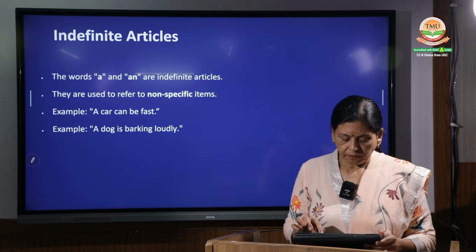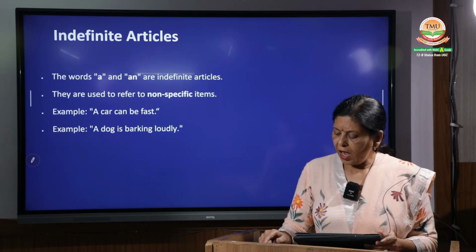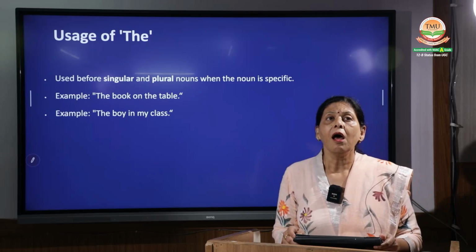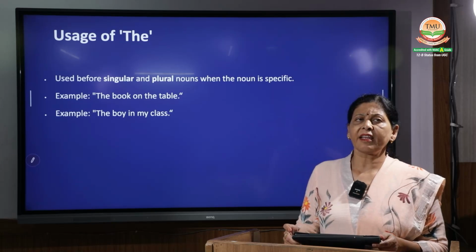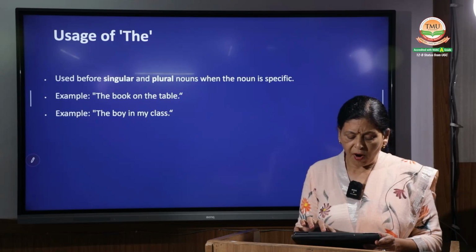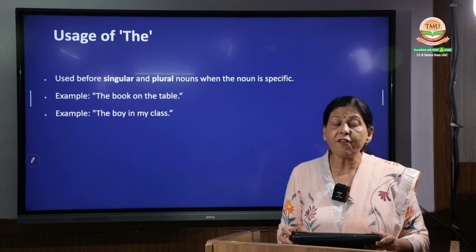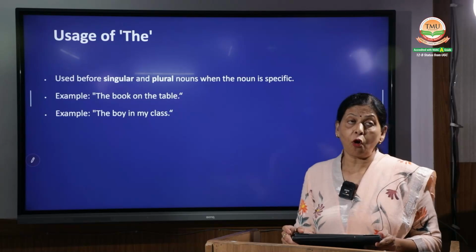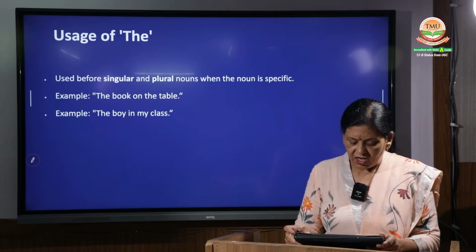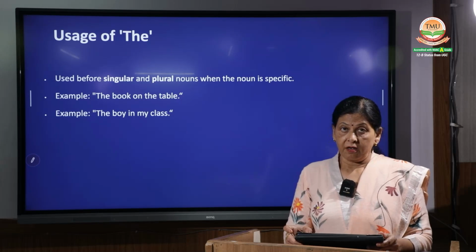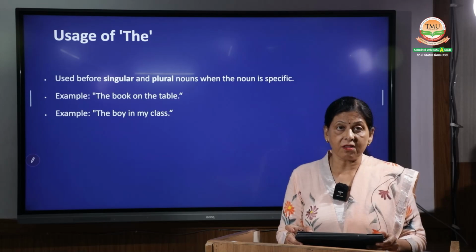After discussing these articles, we are going to discuss the usage of these articles. Slowly and gradually we are going to discuss the usage. First is the definite article the.